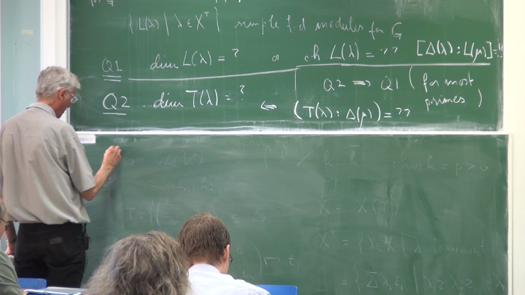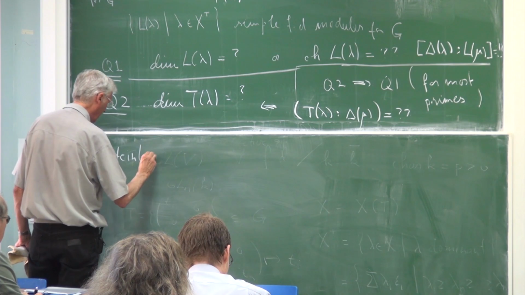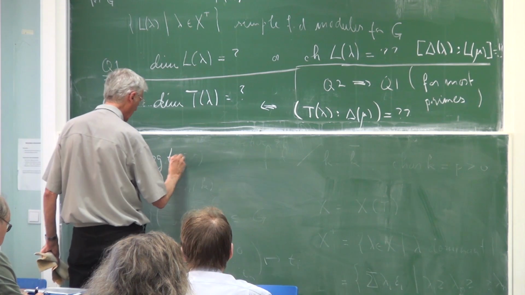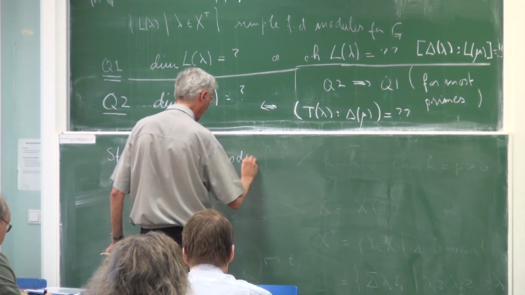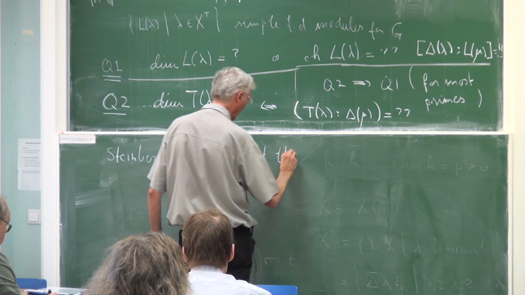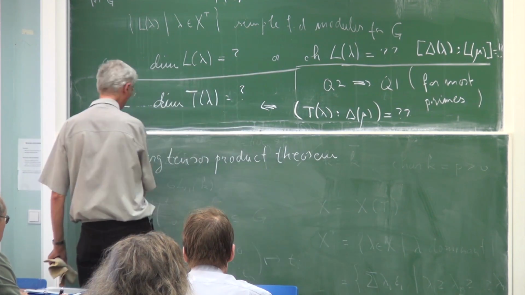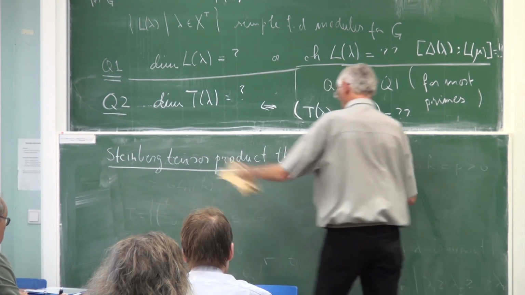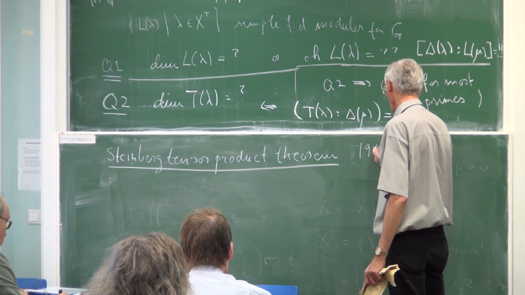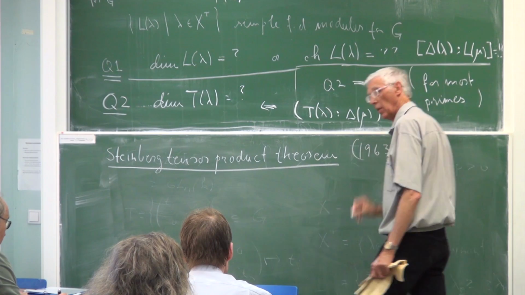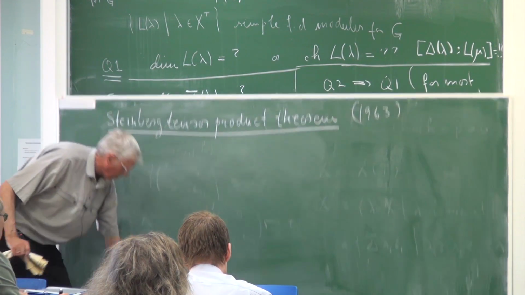There is something called the Steinberg tensor product theorem. It's due to Steinberg and it dates back to 1963, I believe, at least the 1960s. So that's why I say it's classical.